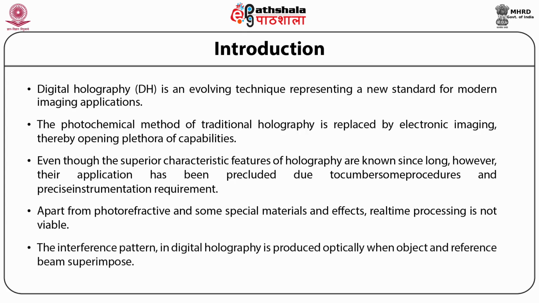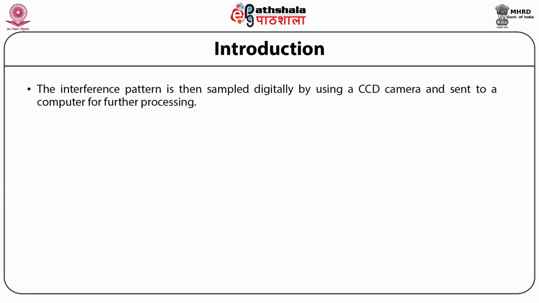The interference pattern in digital holography is produced optically when the object and reference beams superimpose. The interference pattern is then sampled digitally by using a CCD camera and sent to a computer for further processing.